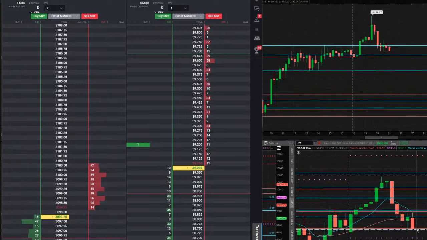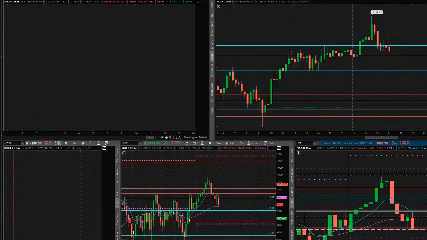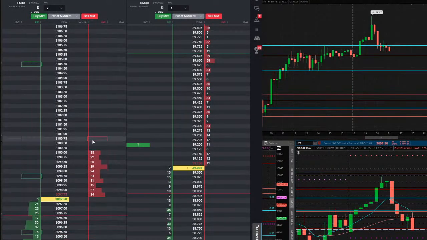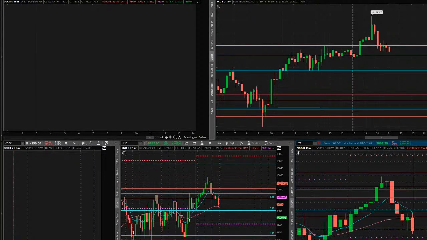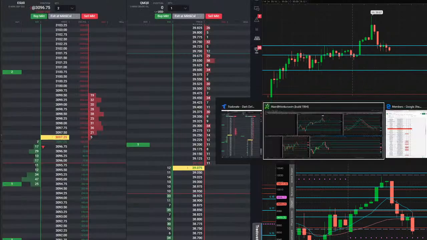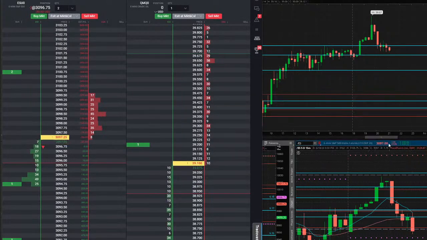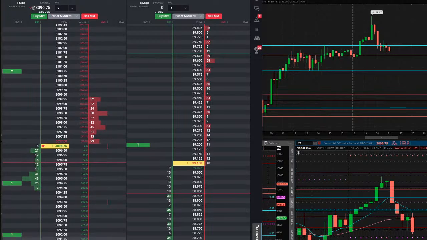So this is where it was before, and then it found some support. So if it drops below this 97 area, I'll take a short. Ooh, there it goes. Order filled. Alright, let's see what happens here. The next level I have is 94.50 and then 92. So it's 94 and then 92. See if we can get those.